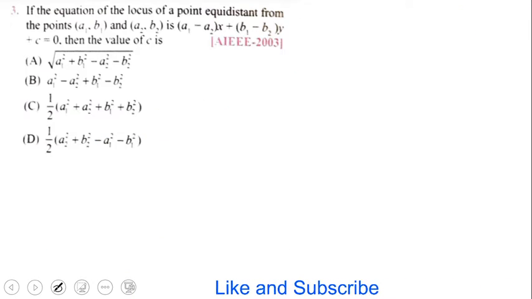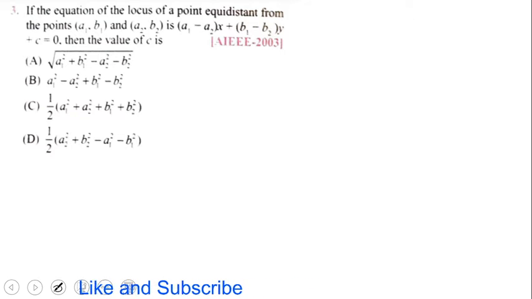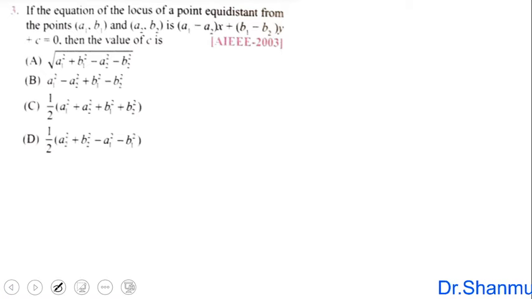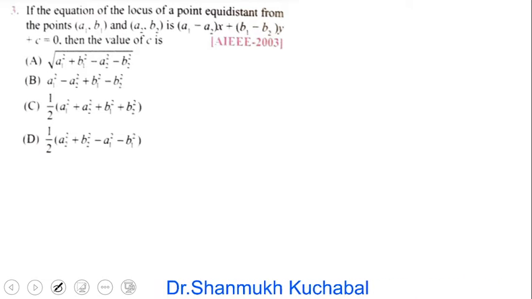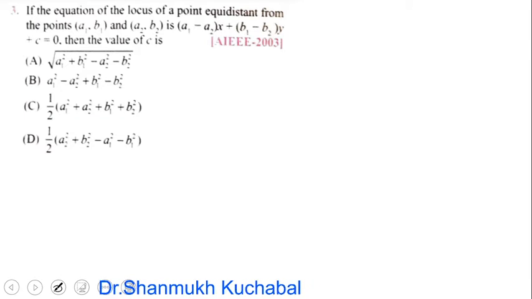Okay, we'll move to our next example. Example number 3: if the equation of the locus of a point equidistant from the points (a1, b1) and (a2, b2) is (a1 - a2)x + (b1 - b2)y + c1 = 0, then we need to calculate the value of c.